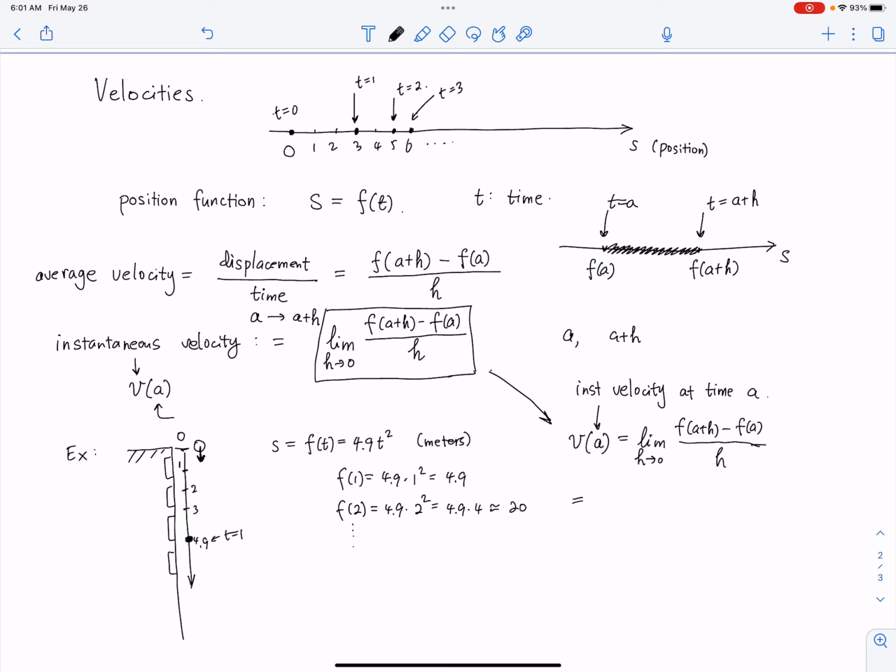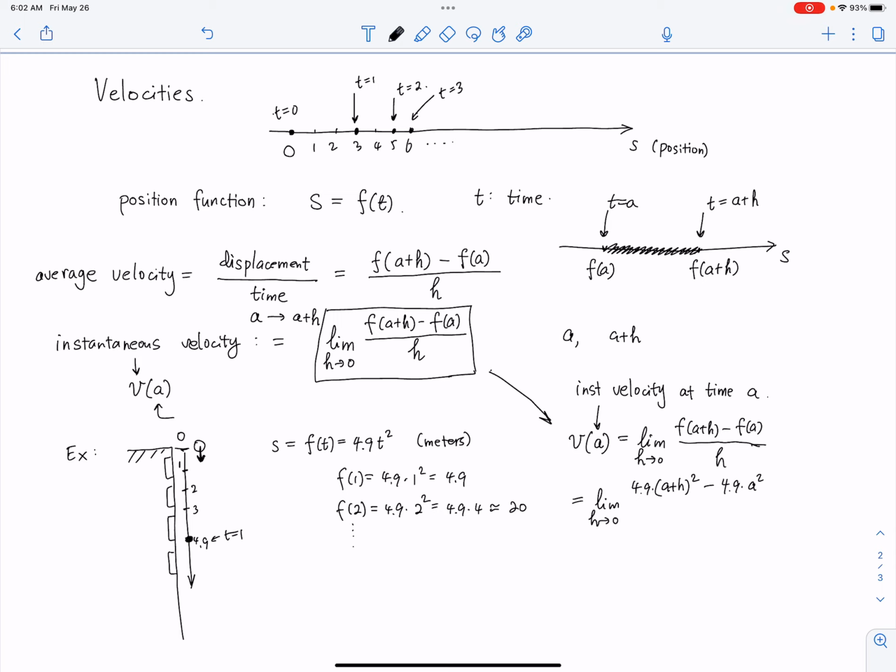And we know this f function is 4.9 times t squared. So you can just plug in a plus h, that would be 4.9 times (a plus h) squared. So this is the position of the ball after a plus h seconds, and minus 4.9 times a squared. Okay, this is the position of the ball after a seconds, right?